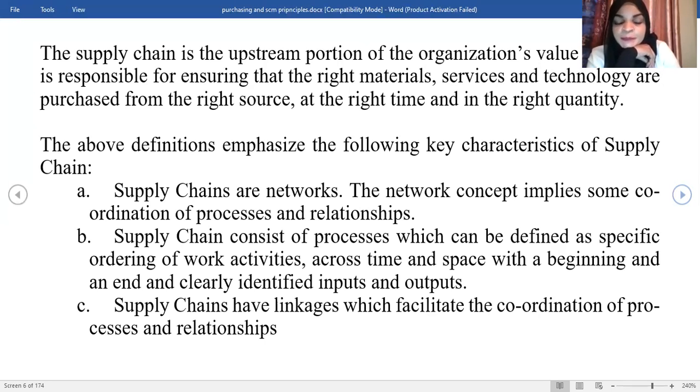Okay. Then the other characteristic is that supply chains have linkages which facilitate the coordination of processes and relationships. Something that is a linkage is trying to link two or three things together to achieve a certain objective or to coordinate various activities.